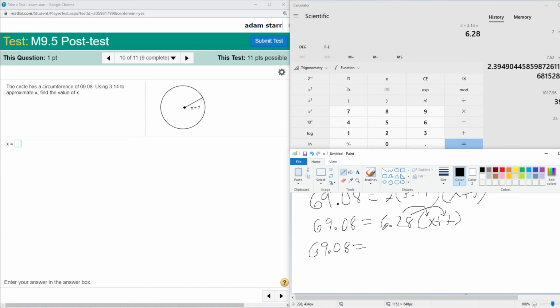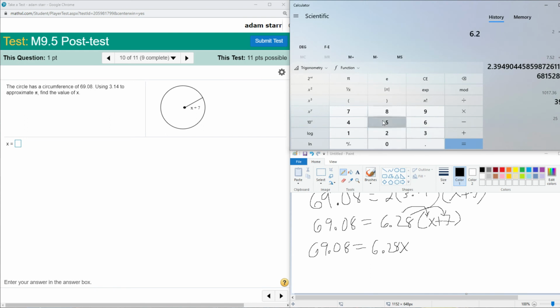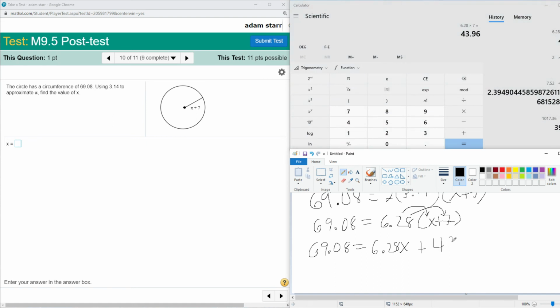And so now I have 6.28 times x, which is 6.28x. And then I have 6.28 times positive 7, and that is a positive 43.96. Again, I'm not rounding. I need these exact decimals.